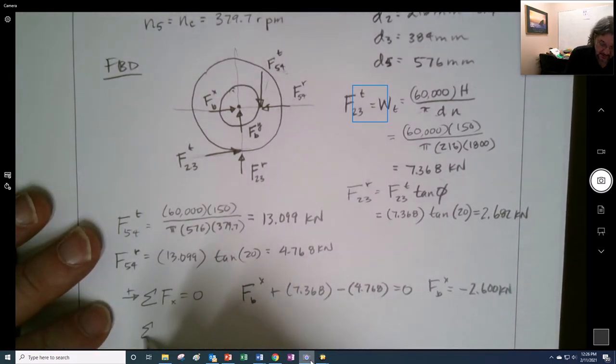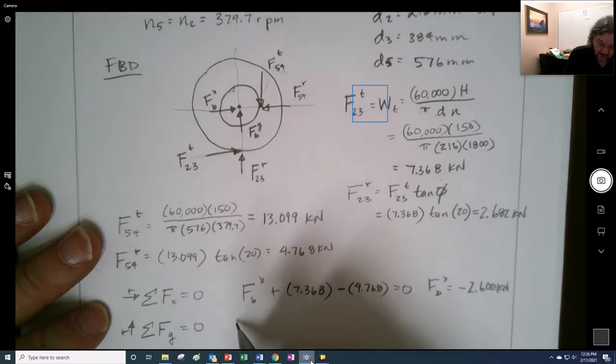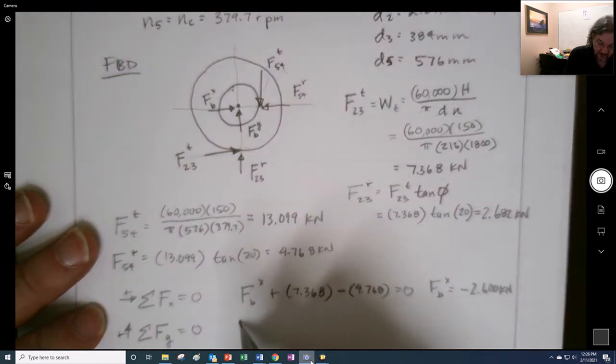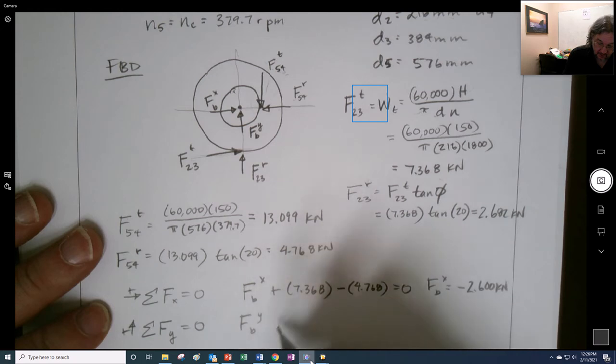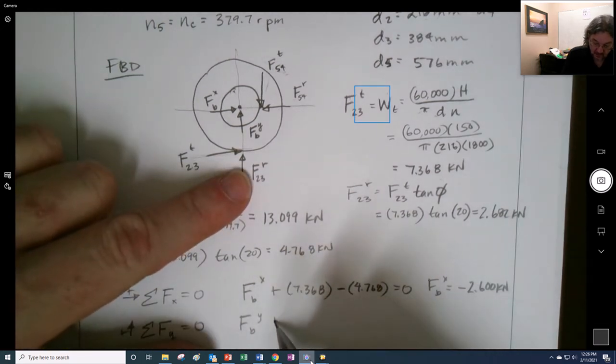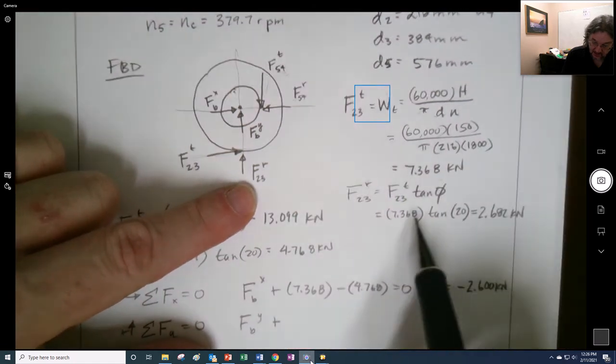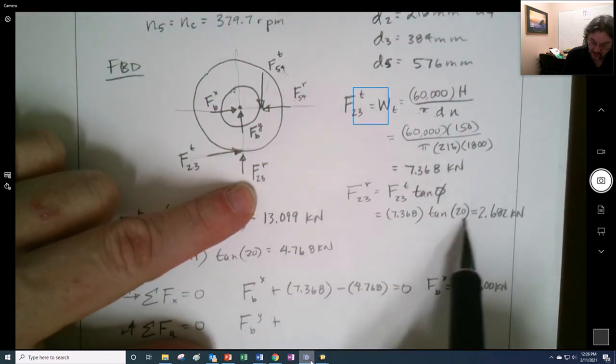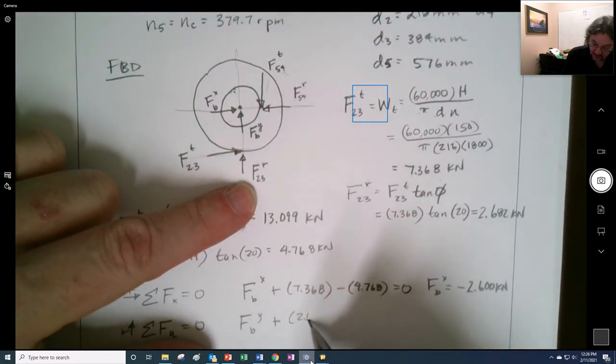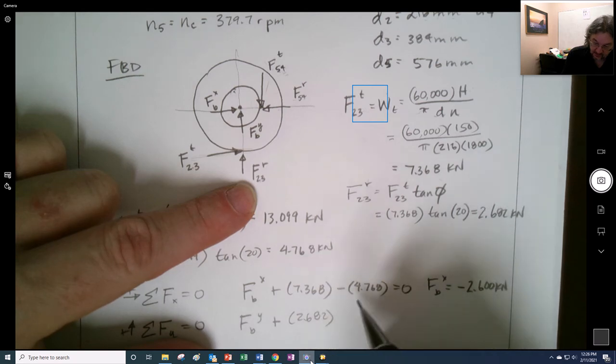And then we take the sum of the forces in the y direction. Looking right there, we have FBY plus our 23R, 2.682.